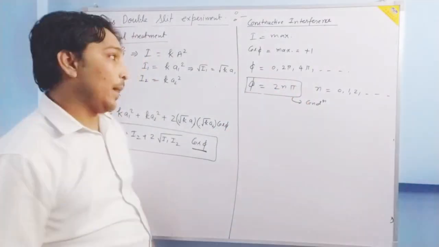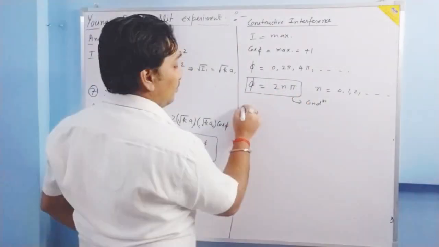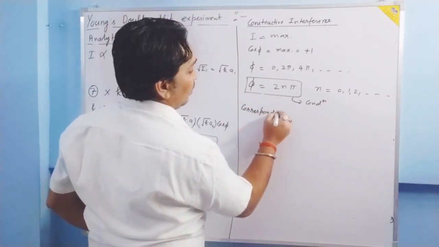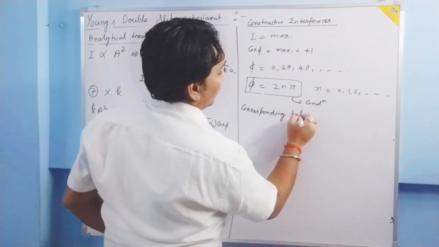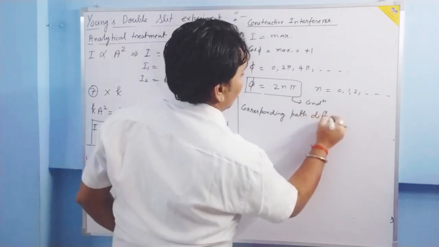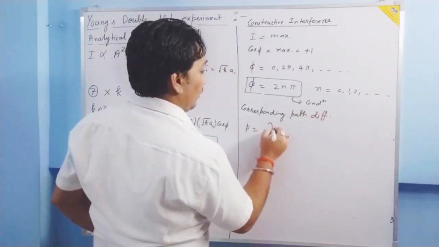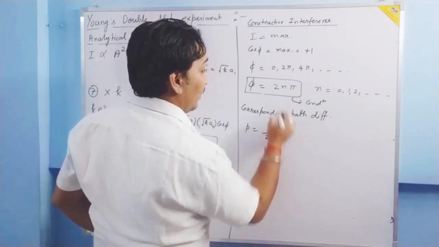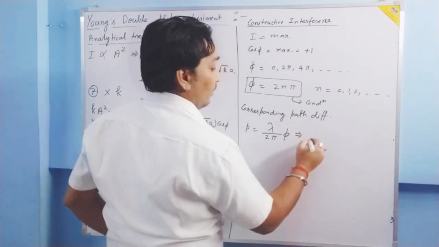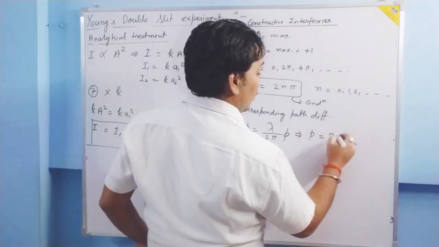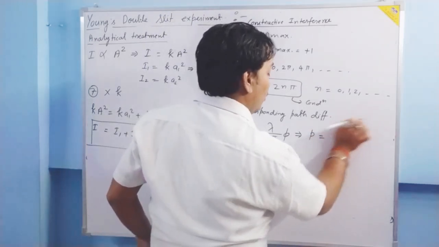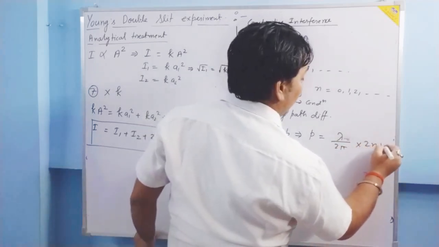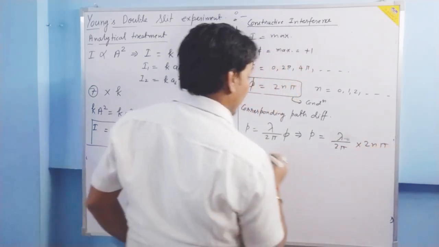Is it clear? Now the corresponding path difference. P is equal to, the formula we have studied, lambda upon 2 pi into phi. If we put the value in the formula, we are going to have P is equal to lambda upon 2 pi multiplied by 2n pi. 2 pi will be cancelled out.